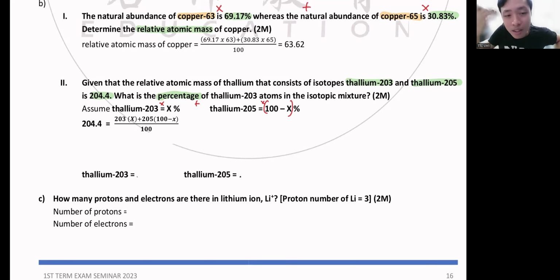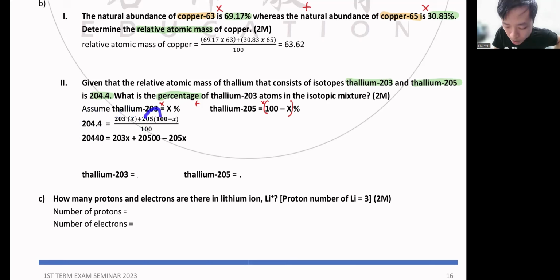This one is a mathematic problem. So you multiply 100 to this, then you will get 20440. Then you open bracket, 203x.